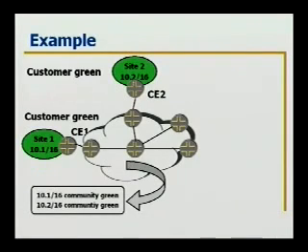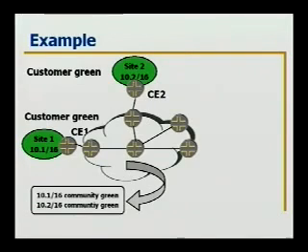Let's say that we have two customer sites, site 1 and site 2. Site 1 has routes in the 10.1/16 range, and site 2 has routes in the 10.2/16 range. Now CE1 is going to advertise route 10.1/16 to the PE that's connected to it. The PE is going to attach a community, let's say community green, to it, and advertise it to all the other PEs.